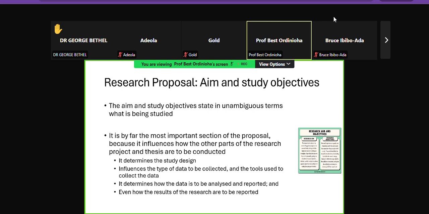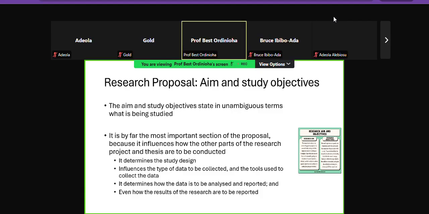I said essay, but it will have those sections. In fact, the sections and the subsections should be there. It's just that under those sections and subsections, they should be written with prose and with paragraphs.